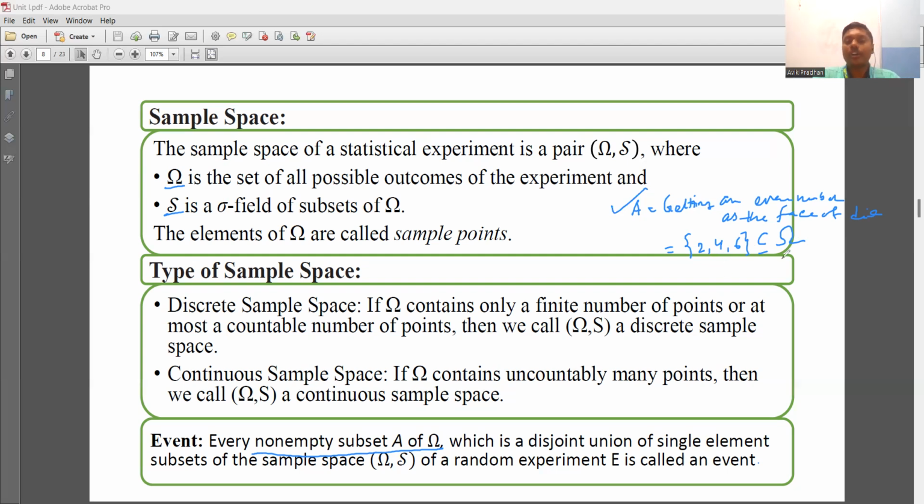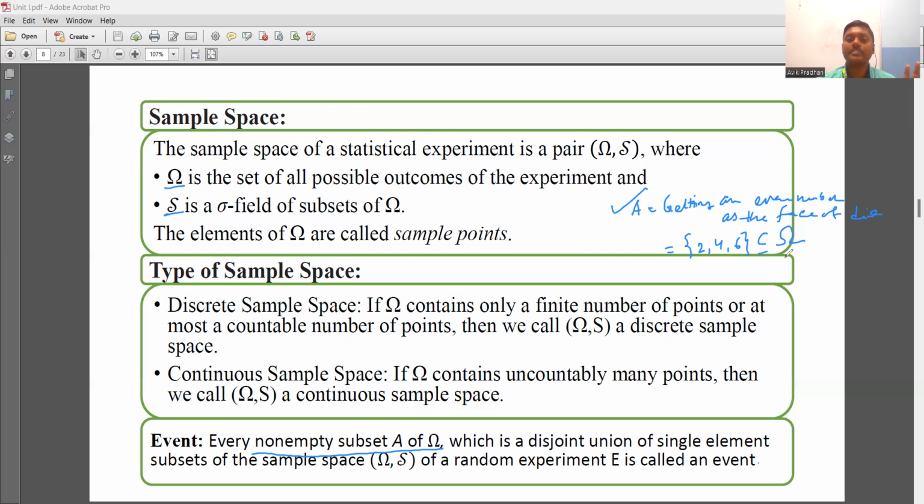Okay. So a sample space is nothing but the pair consisting of the set of all possible outcomes and the sigma algebra or sigma field corresponding to that set of all possible outcomes. And they are of two types. One is the discrete sample space, where the sample space consists of a countable number of elements.